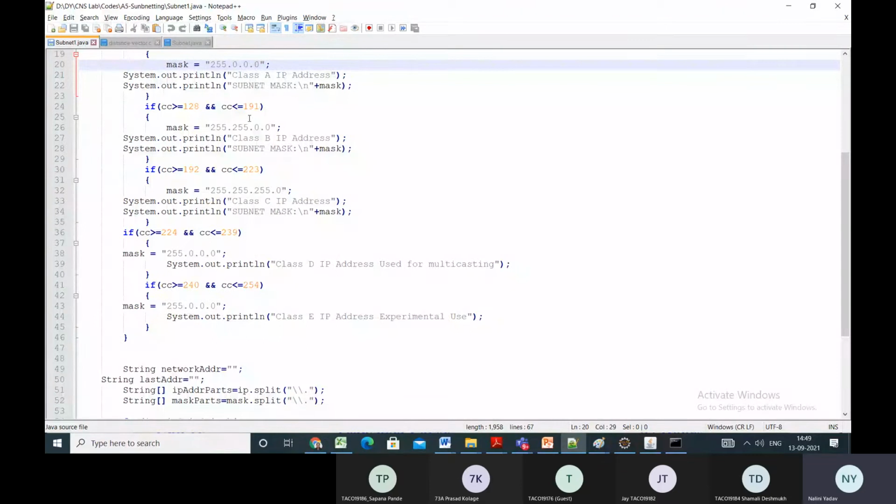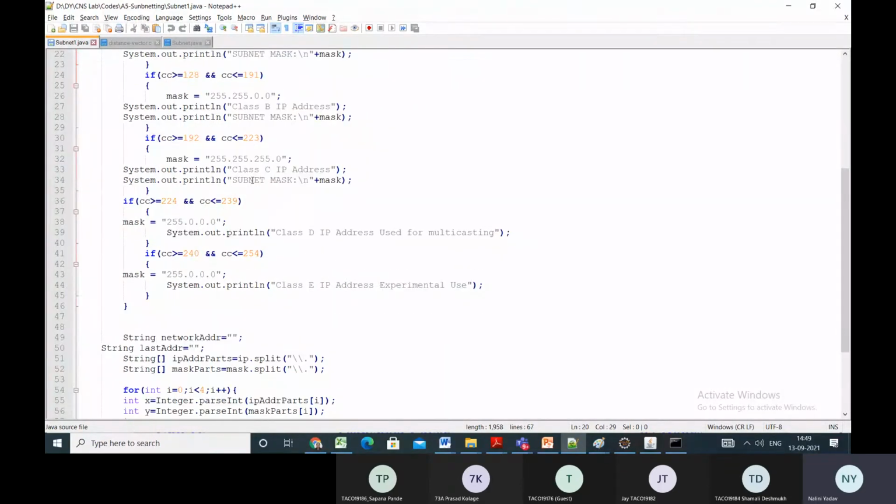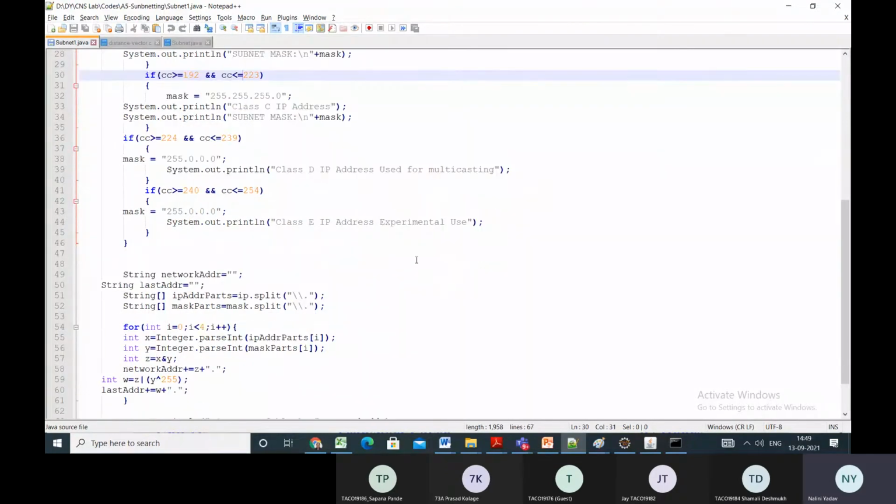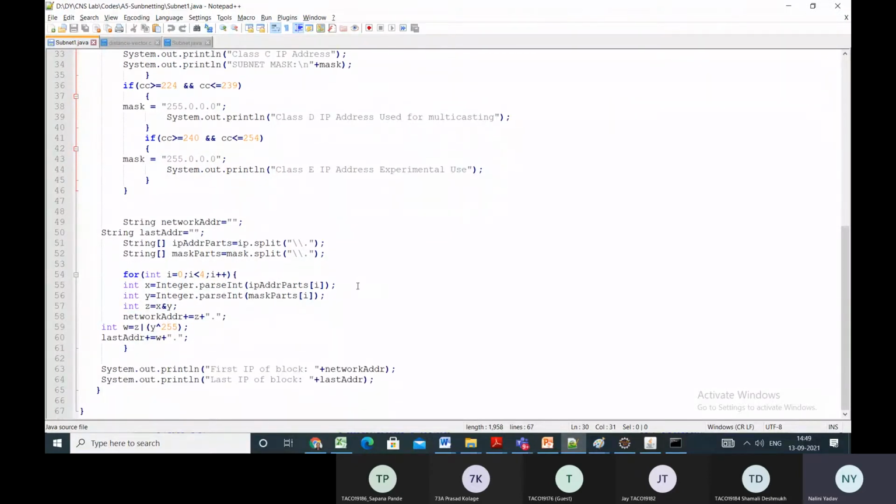If it's class B, then the mask is 255.255.0.0. And if it belongs to class C, then the mask will be 255.255.255.0. 224 to 239 is class D, and 240 to 254 is class E, which is for experimental purposes. So this is how I will find the class of my IP address.